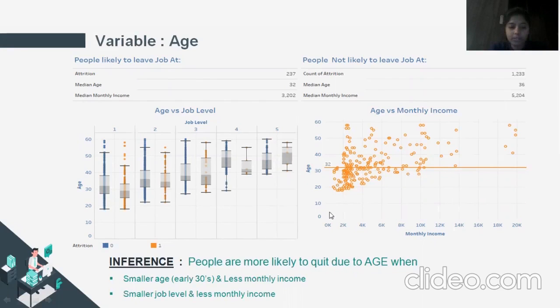So from these inferences, we can conclude that employees tend to quit in their early 30s, likely due to their lower job level as well as a lower monthly income.